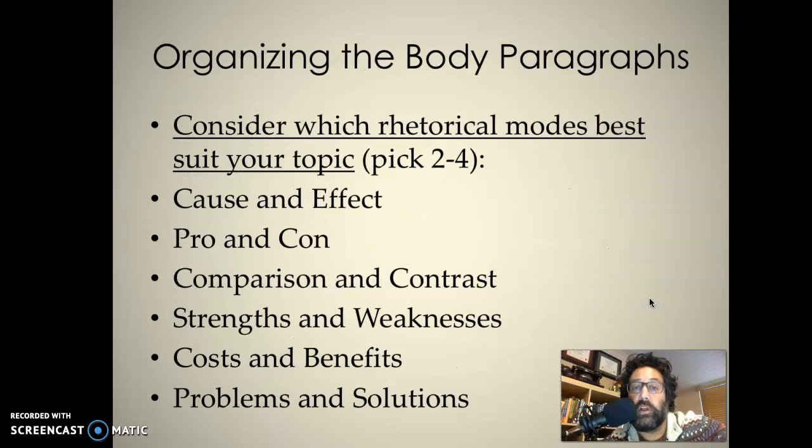These are some different essay modes, things you might want to do in your paper in order to accomplish your goal. Ideally you want to pick between 2 to 4 of these and build your paper around those body paragraph concepts and strategies.